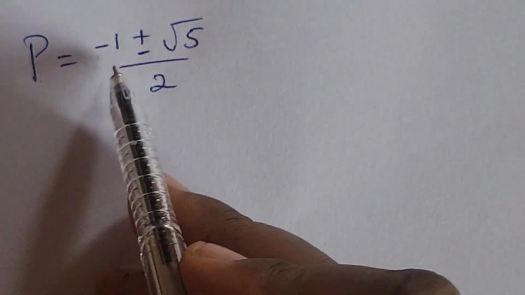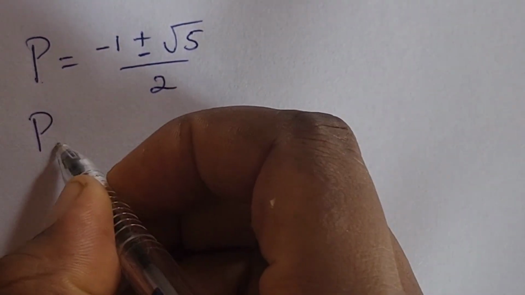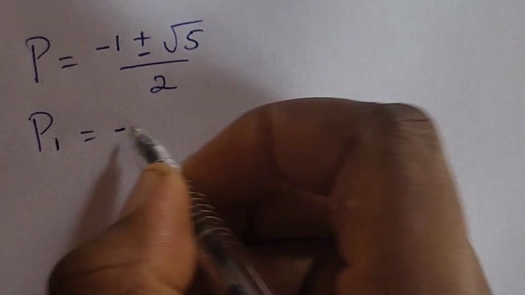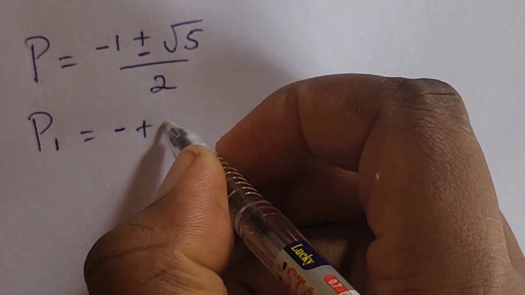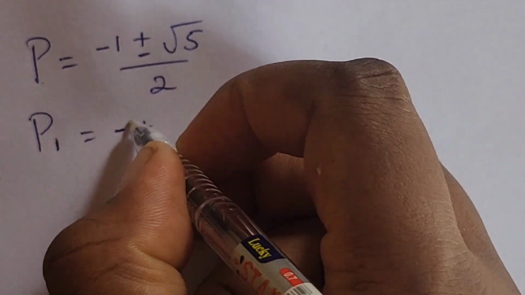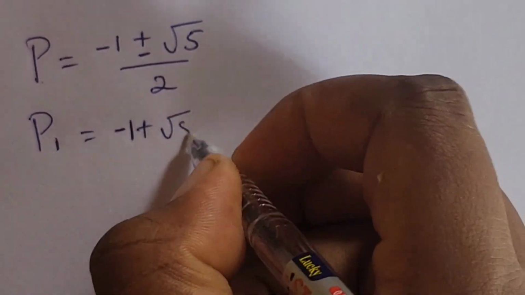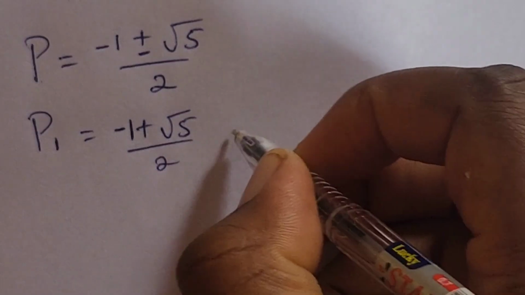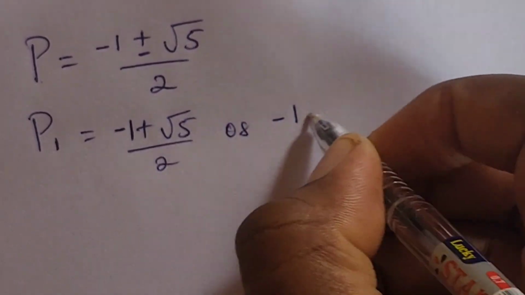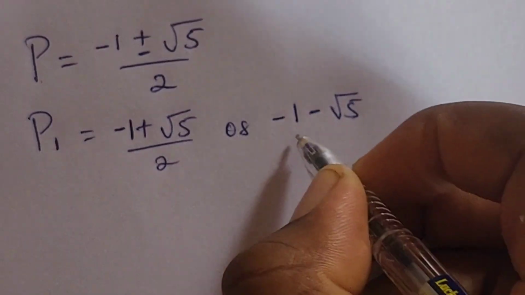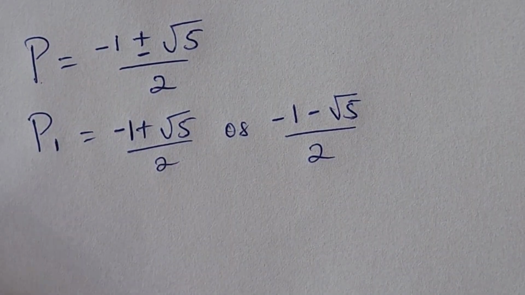So our P1 is equal to minus 1 plus root 5 over 2, or minus 1 minus root 5 over 2.